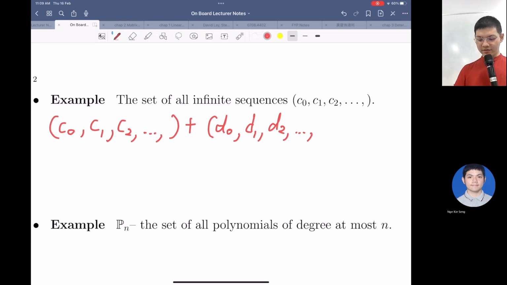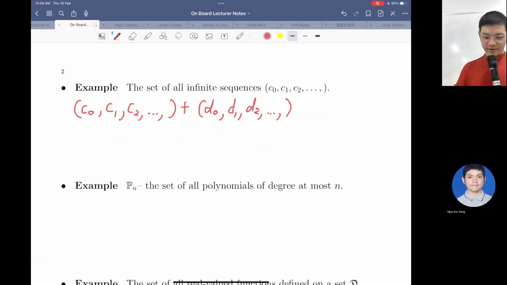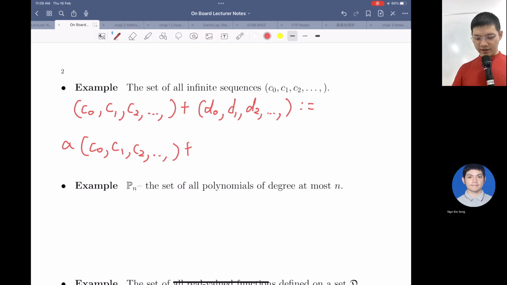How to add, and how to multiply? You need to tell me how you define these two things. How do you add two infinite sequences?